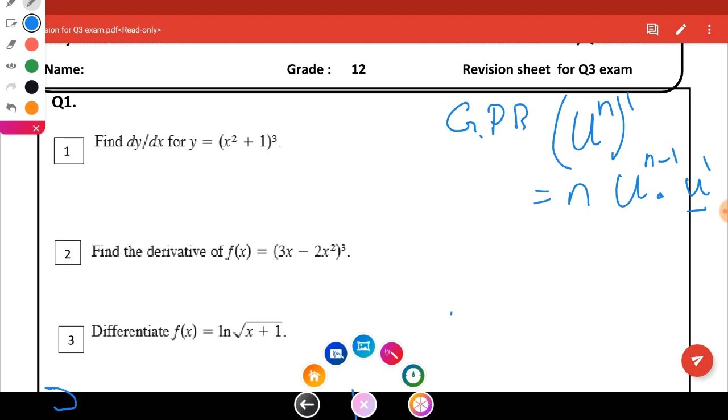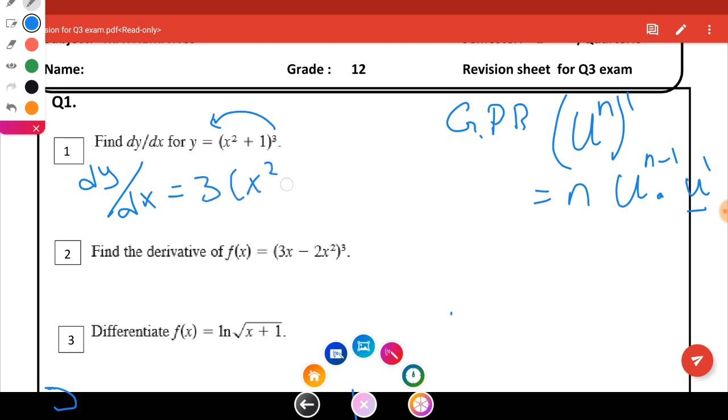In this case we name it the inner function, and the power is called the outer function.